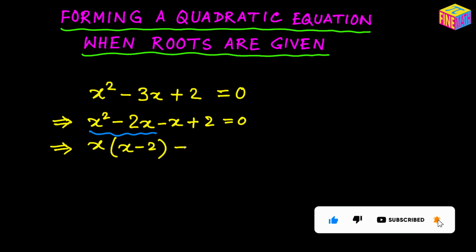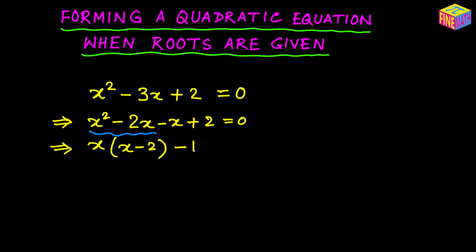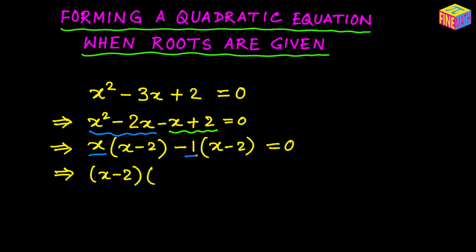Then if we take negative 1 as a common factor from the second two terms, we will have a positive x and a negative 2. From here, what is our common factor? That is x minus 2, and we are left with positive x and negative 1.